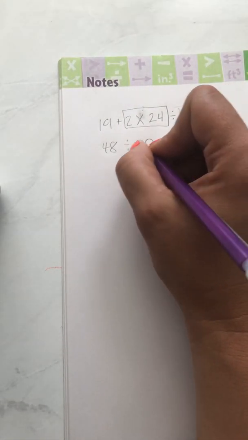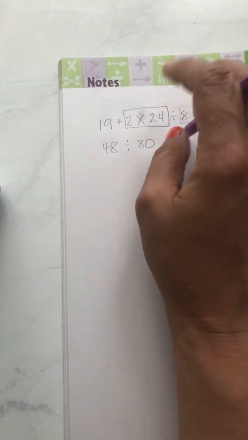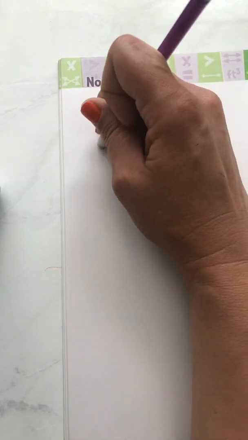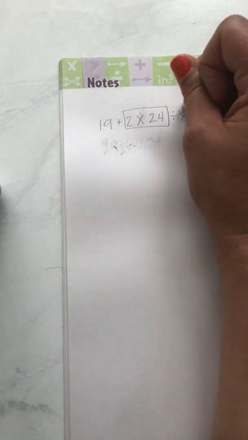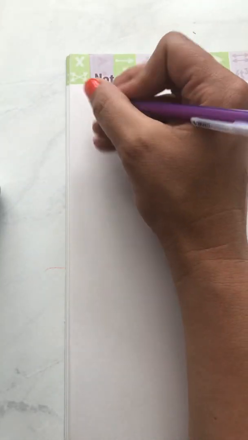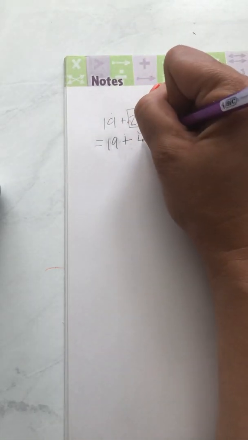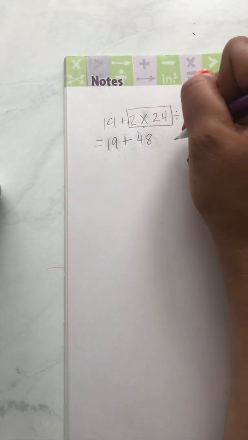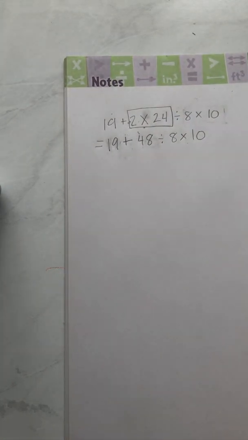Then I need to, at some point, add 90 to that. Well, that's not correct because you missed this division sign here. So it's really important that you bring everything down you're not solving for. So you put an equal sign underneath it, bring down this 19 plus, solve for this, 48, and then bring everything else down that you haven't solved for, okay, like that.